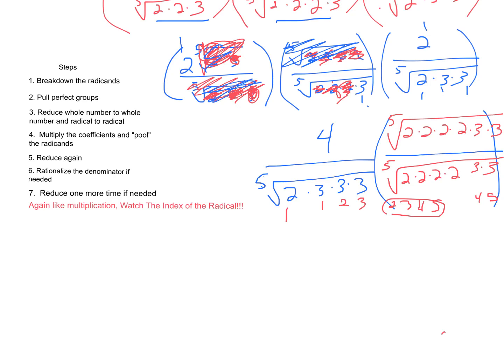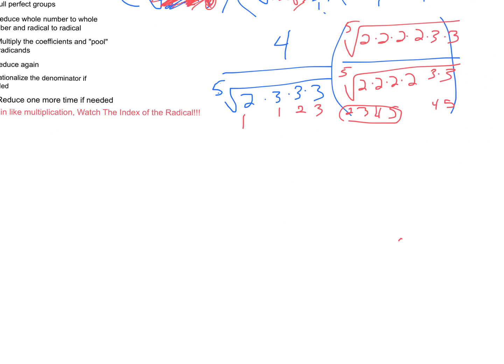Alright, let's pull this all together here. On the top, you have 4 fifth root, 2, 4, 8, 16, 48, and then 48 times 3 is 144, so 144 over.